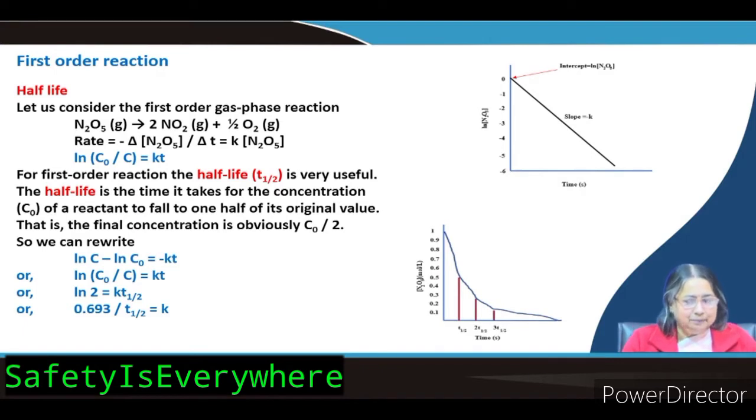At the same time, think about the molecularity, because I told you that reactions can be thought of in two different ways: one is the molecularity, another is the order. In this case, only one molecule of N2O5 is involved in the balanced reaction, so here the molecularity is also 1.